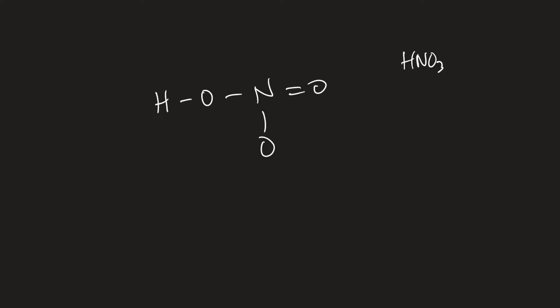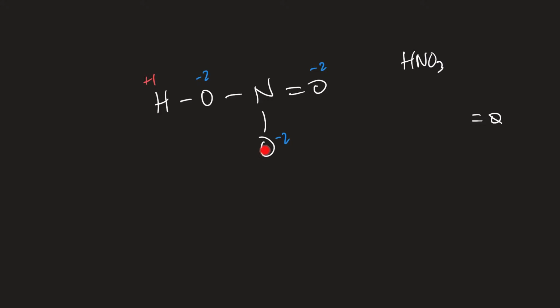What we do know is that hydrogen is typically +1. Oxygens are typically -2s. Now we've got to figure out the oxidation of nitrogen. Remember, when we add up all the oxidations, it must equal 0. It has to. So we have a +1 here, then we have these -2s here.